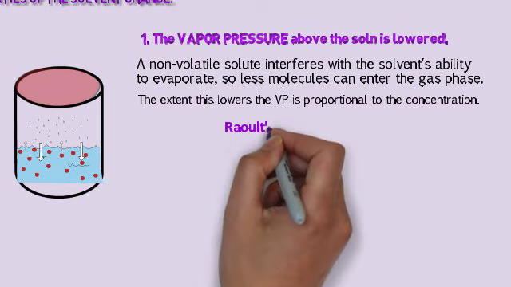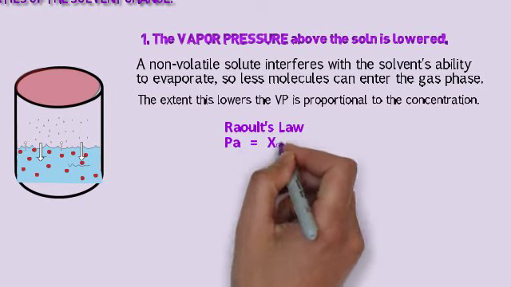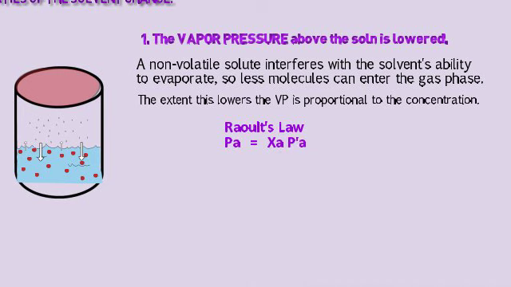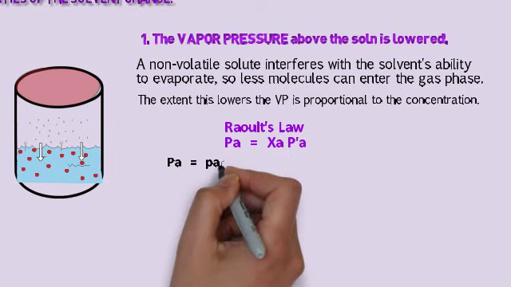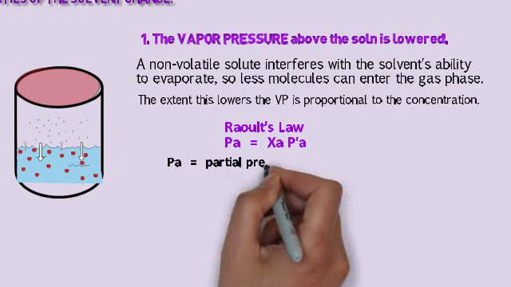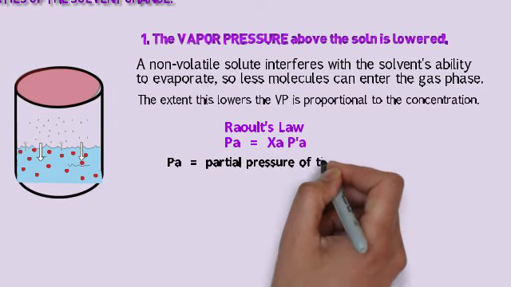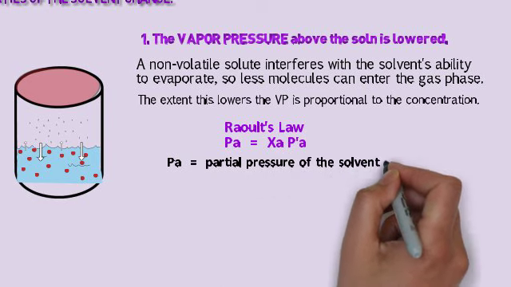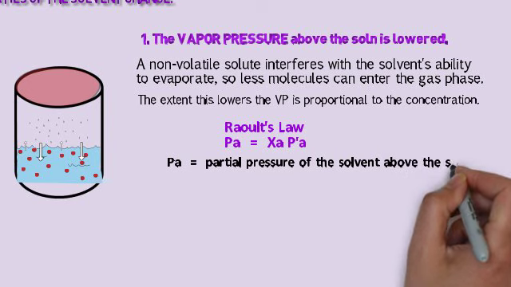This can be expressed by using something called Raoult's law. The partial pressure of the gas is equal to the mole fraction times the partial pressure of the pure solvent rather, not the gas. So this is PA, the partial pressure of the solvent above the solution.